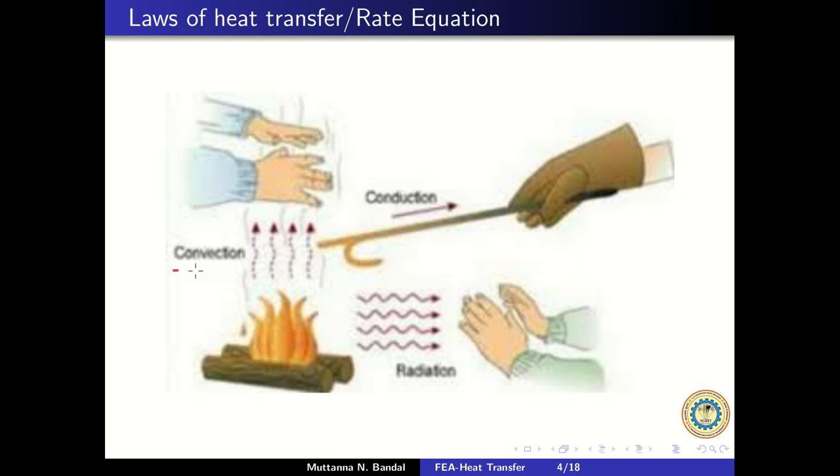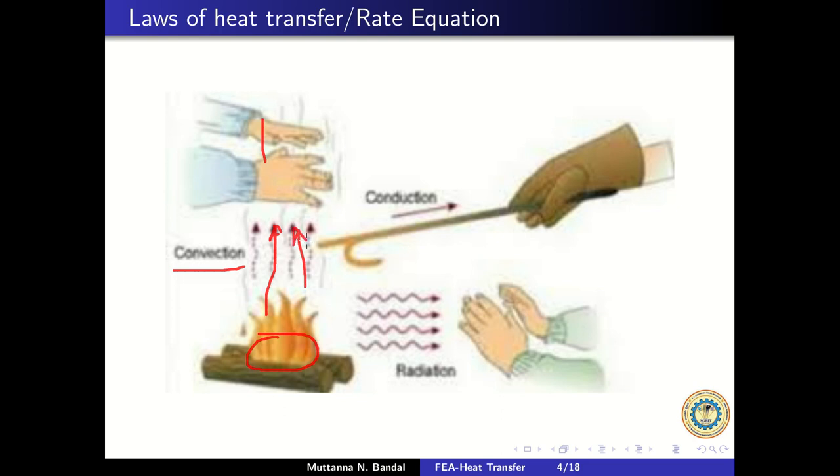Similarly, in convection, we can find there is a heat source body, and the other body, which is a sensor, I am saying here the hand is a sensor, is at a certain distance away from the heat source, but still over a period of time we can feel the heat on our hand. So that is being transferred through the air medium.